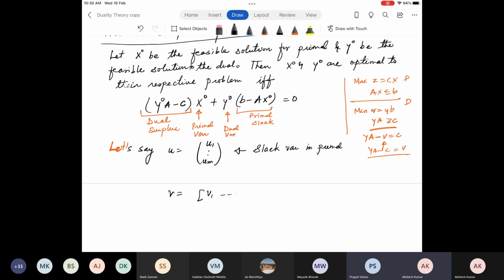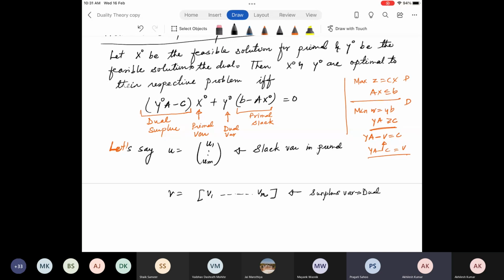If V are the surplus variables, how many V's will be there for an n variable m constraint problem? Sir, N. Very good. You guys are following. So there will be n variables.